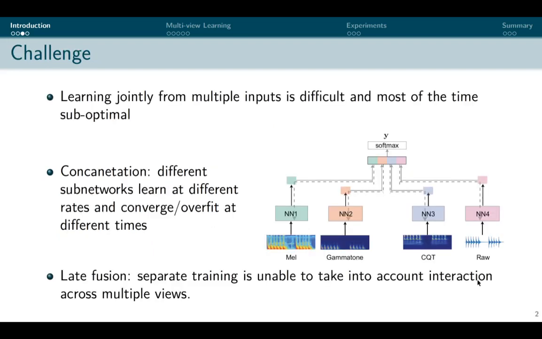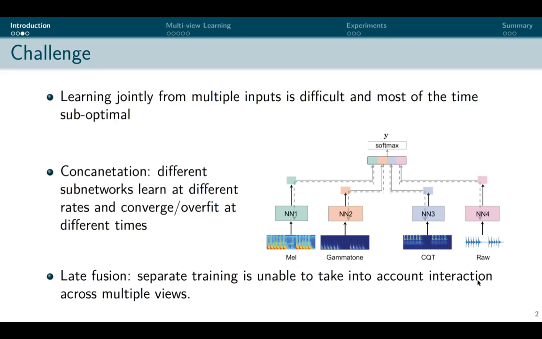However, learning jointly from multiple inputs is difficult and most of the time suboptimal, and it is aligned with the observation that learning from multiple inputs does not necessarily always lead to better performance.